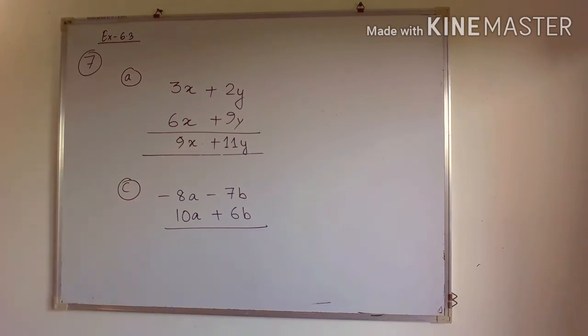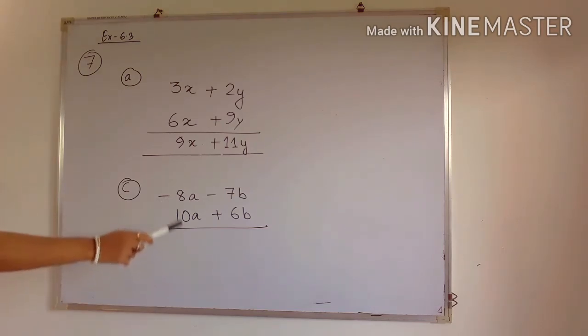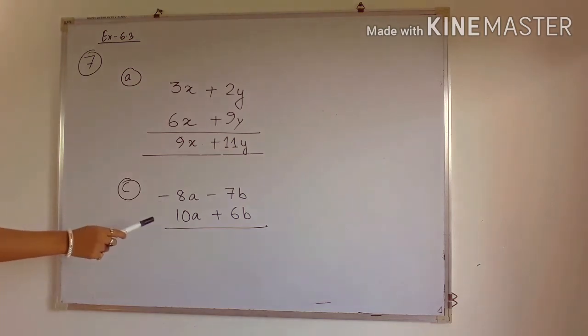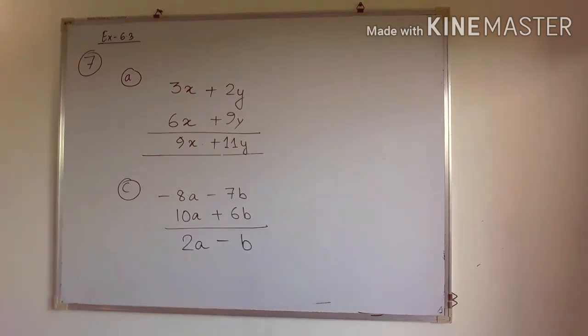Okay, similarly number C, you can see here minus 7b and 6b are like terms. Similarly minus 8a and 10a are like terms. So here first of all we will add minus 7b and 6b. You can see that minus 7b and plus 6b, it will be subtracted, or we have to find the difference, as one is positive and the other is negative.